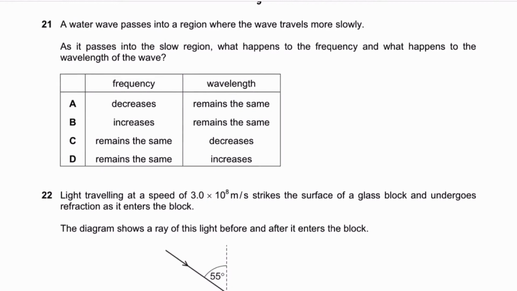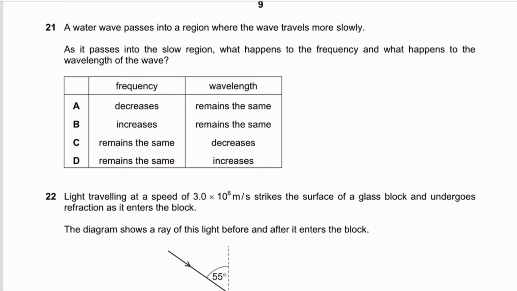21. A water wave passes into a region where the wave moves more slowly. As it passes into the slow region, what happens to the frequency and what happens to the wavelength of the wave? Now the formula we have is v = fλ. Frequency only changes when the source of the wave, any vibration, changes.